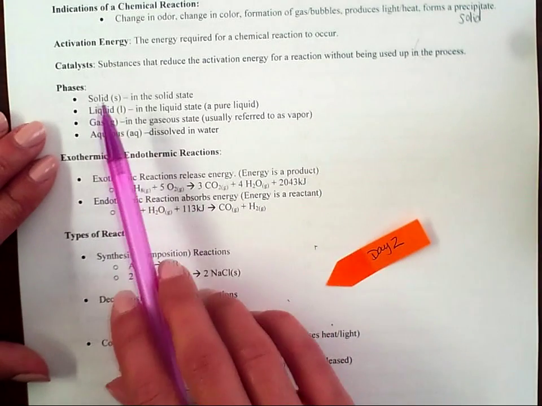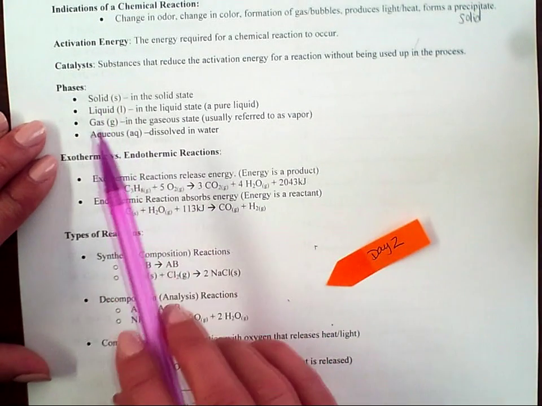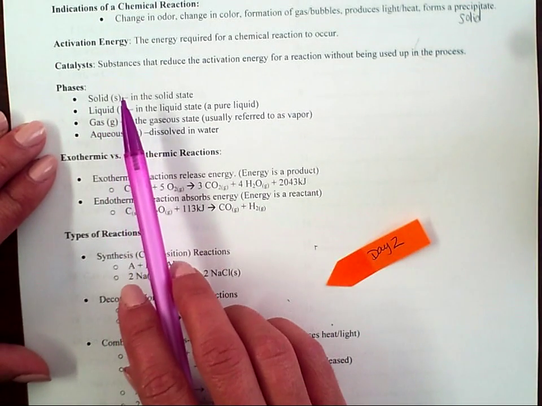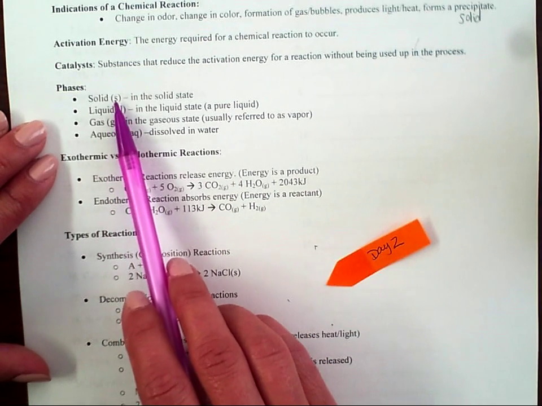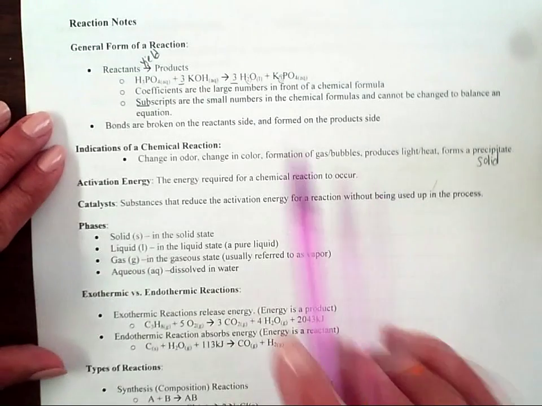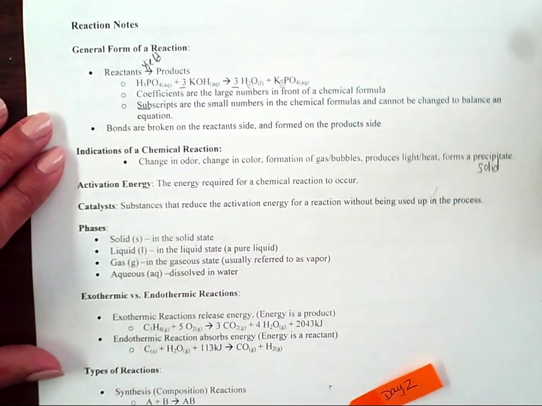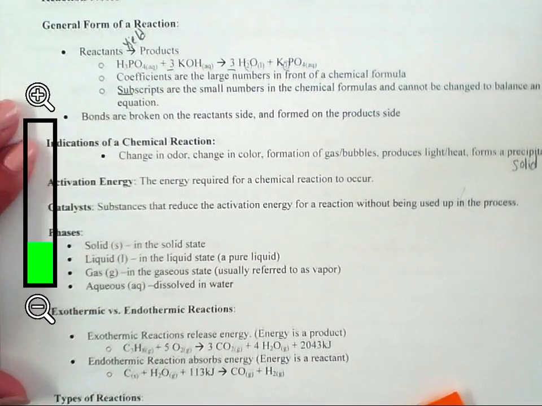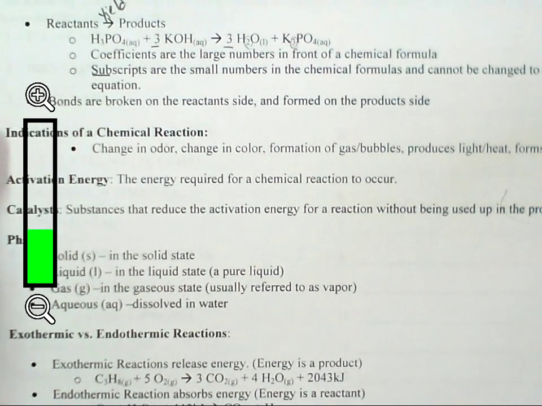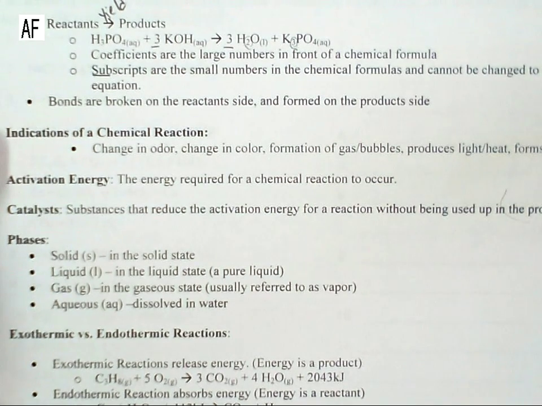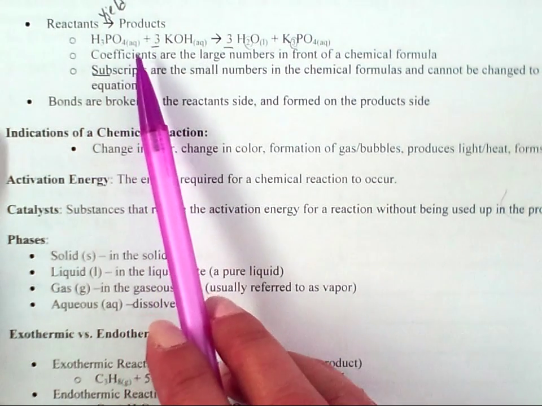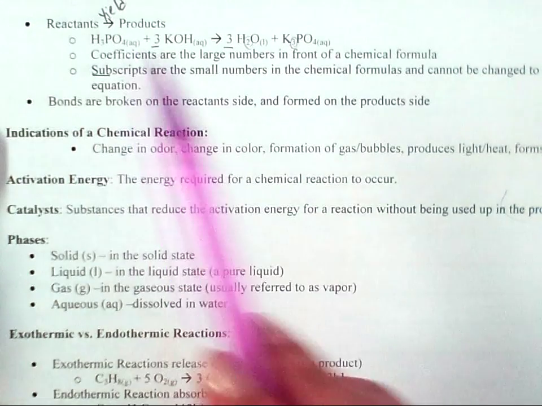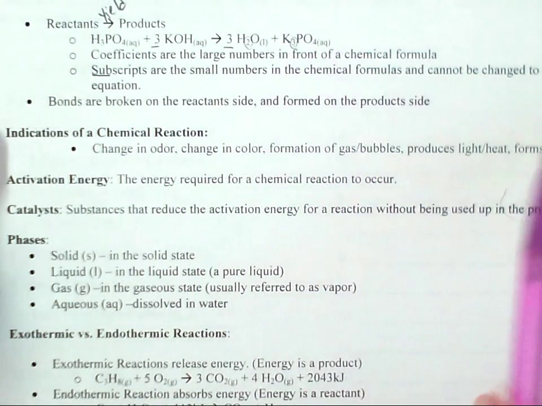Then you should know that if we have a solid in a chemical reaction, then it's shown as a little S with parentheses. So when you look back up here, we have an example of your typical chemical reaction, and it shows you the little AQ or L or AQ here.